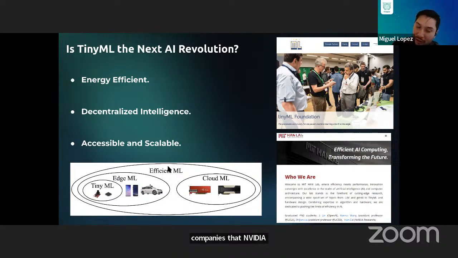So if we check this figure here, we have different terms, right? We have efficient machine learning, which we can do from the cloud, also for cloud infrastructure. But on the other side we have edge devices, and specifically tiny machine learning devices, most focused on microcontrollers. In these three points, we can notice that we need energy efficiency.